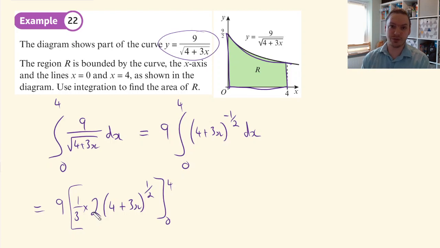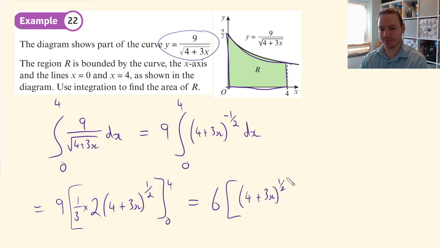It's another constant, so I can pull that out along with the 9 as well. 9 times 2/3 is 6. So I actually have 6 lots of 4 plus 3x to the half with the limits of 0 and 4.